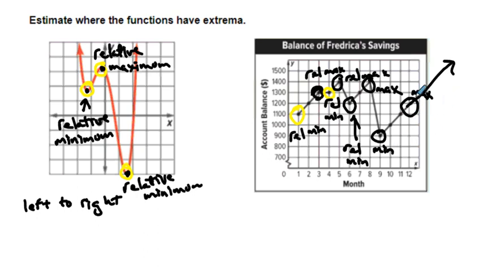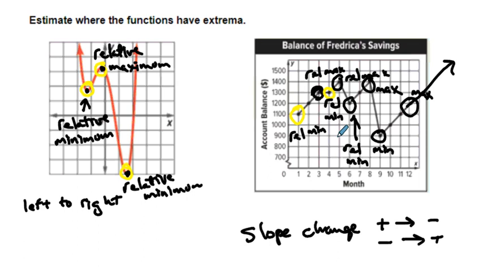So hopefully this is making sense from a graphical standpoint. You're just looking for where the slope changes, either from positive to negative or from negative to positive. That's what you're looking for.